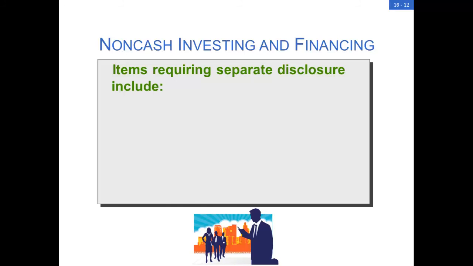But obviously, there is no cash involved in this transaction, and the transaction should not appear in the statement of cash flows. However, because of their significance and the compliance with the full disclosure principle, these non-cash investing and financing transactions must be disclosed in the financial statements or in the notes.